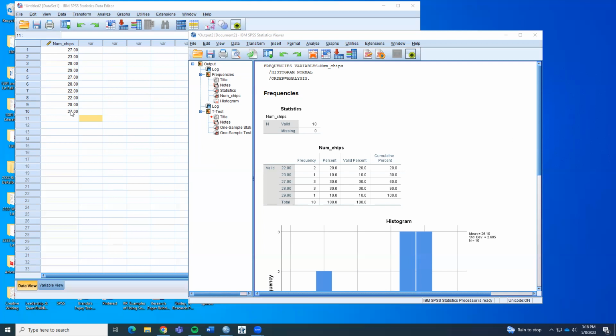And now we are going to step 3, where we formulate a hypothesis. Before I formulate the hypothesis, I do want to point out that I wanted to see where the cookies fell in a standard deviation. So I used SPSS to perform a histogram.